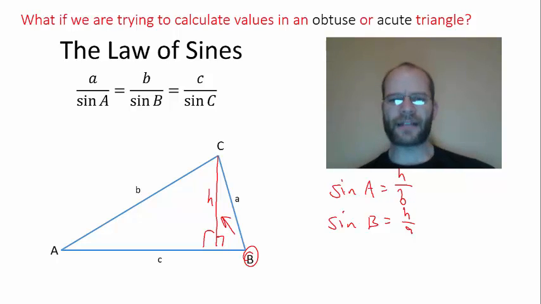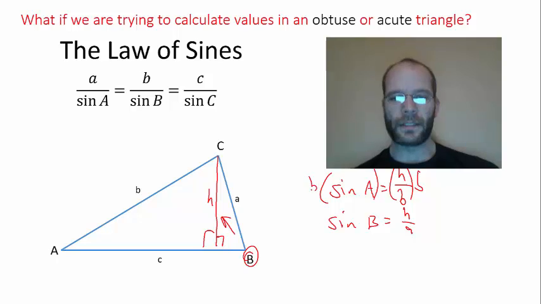I need to change these around a little bit. I'll multiply this top one by b, and I'll multiply the bottom one on both sides by a. And so the b's here cancel and the a's here cancel.